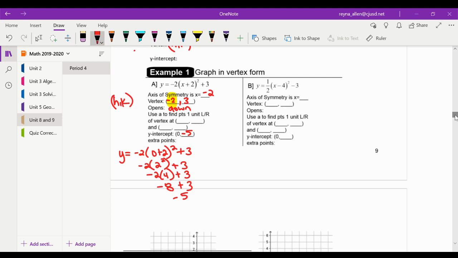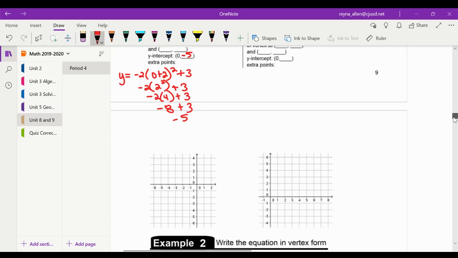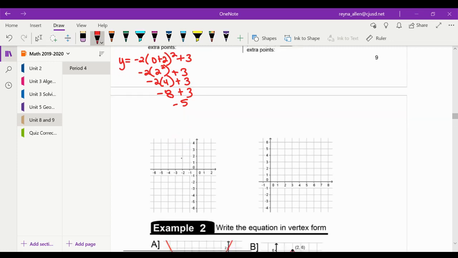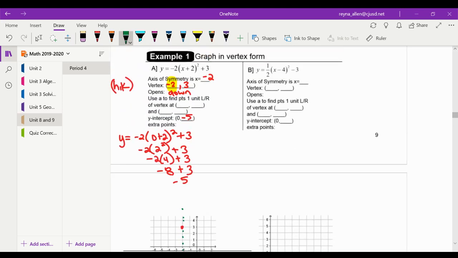So let's take a look. We're going to put this on our graph. Our vertex is -2, 3. We can draw our axis of symmetry down the center. We know it's going to open down, and it also has a y-intercept of -5.